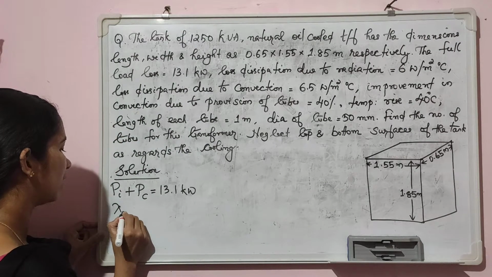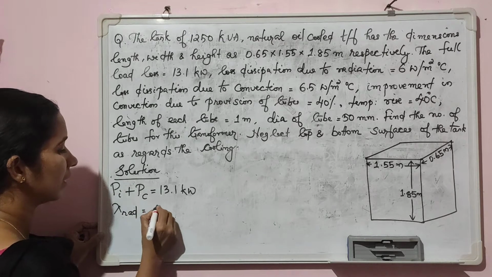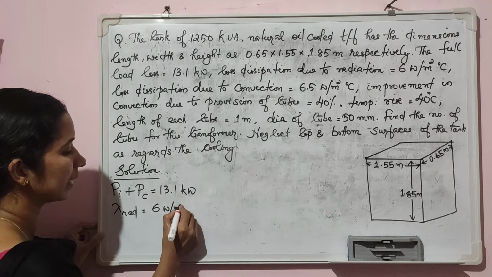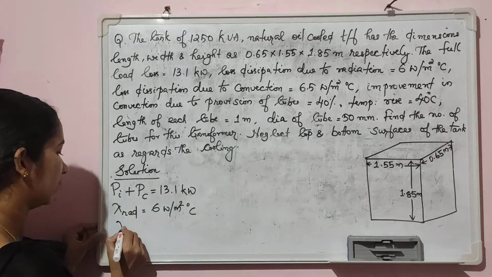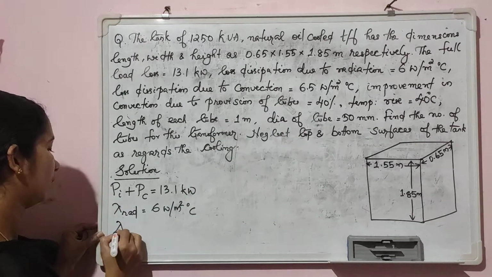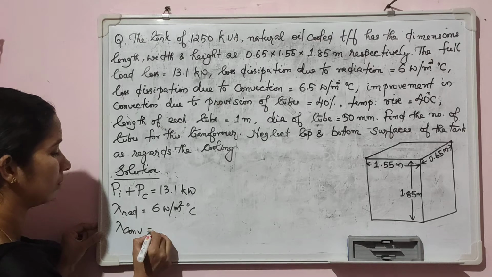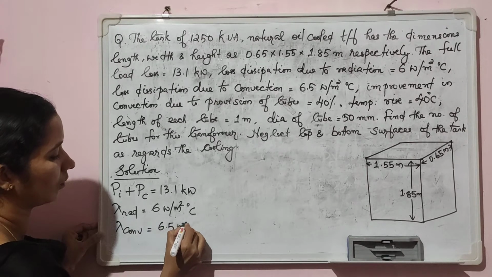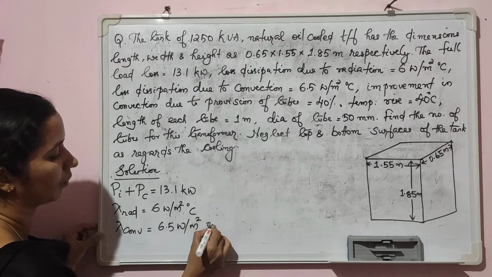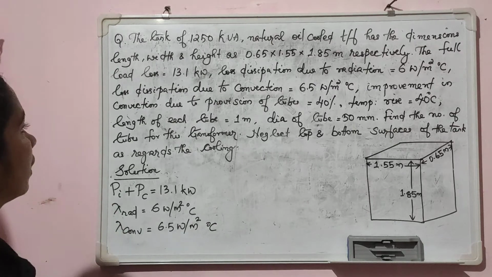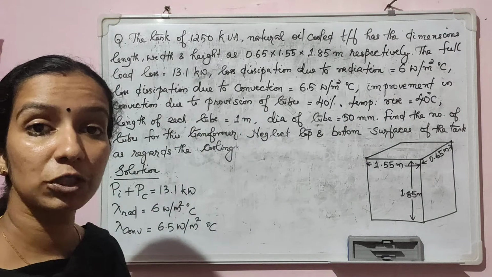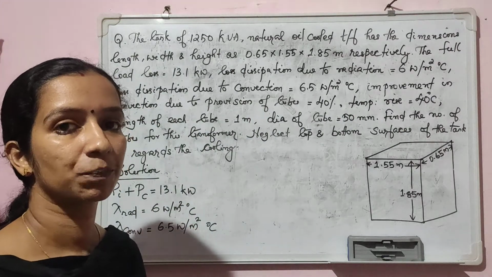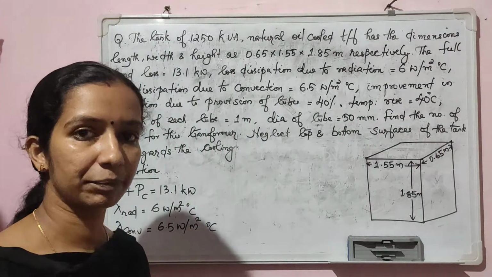So lambda due to radiation is 6 and lambda convection is 6.5. Now, improvement in convection due to provision of tubes is 40%.